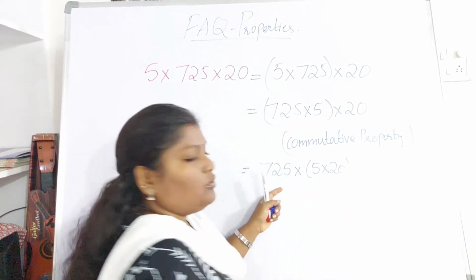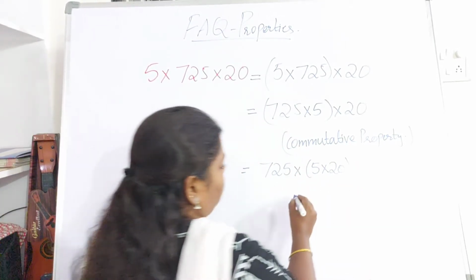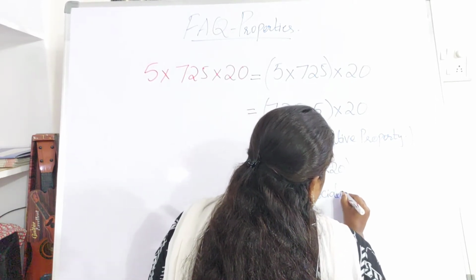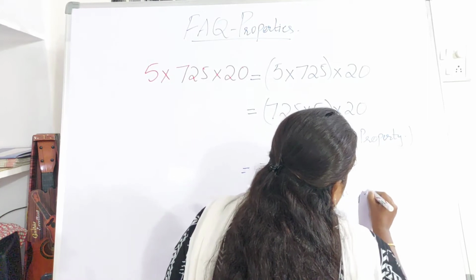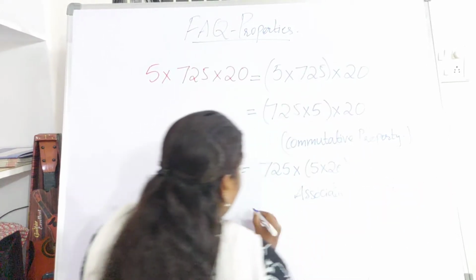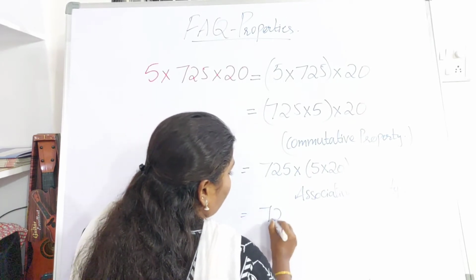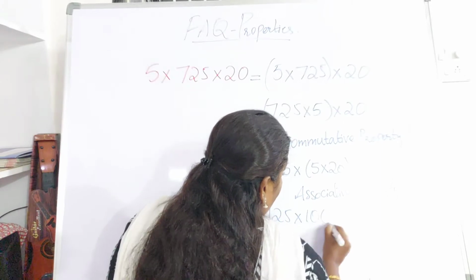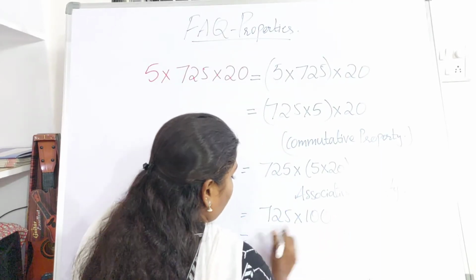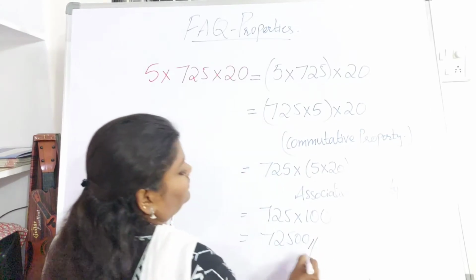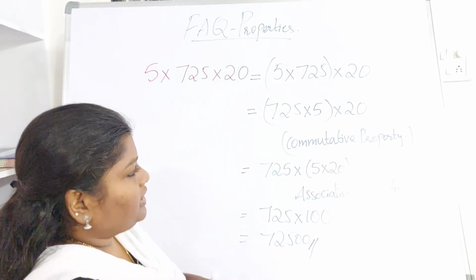Now here I have used associative property. Now by using this property, I can write this as 725 into 5 into 20 is 100. Now 725 into 100 is 72,500. Now let me explain once again.